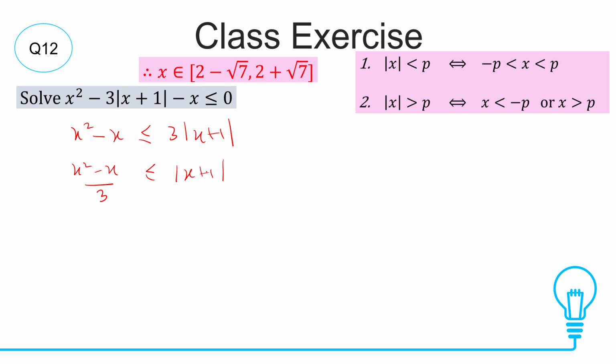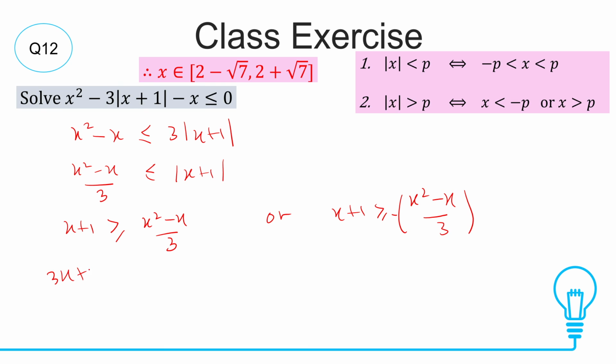When I want to break this one, actually it is greater than. So x plus 1 is greater than or equal to x squared minus x divided by 3, or x plus 1 is greater than or equal to minus x squared minus x divided by 3. After that, 3x plus 3 greater than x squared minus x.